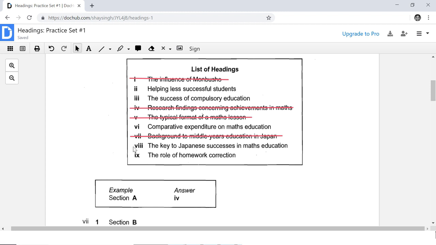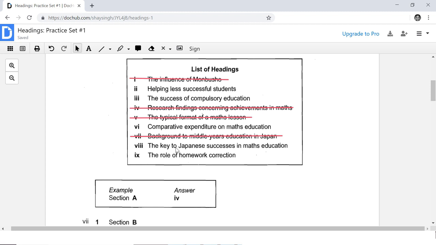But the correct answer choice is number 8. Because here we have more specific detail. It's telling us the key to Japanese success is in math education, okay? Compulsory education, I'm not really sure what that means, but here it is talking about the key, the specific reasons why Japanese lessons are successful. The specific reasons.